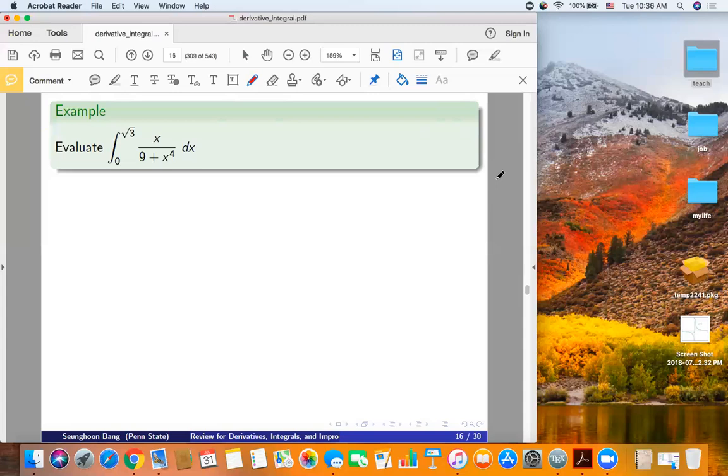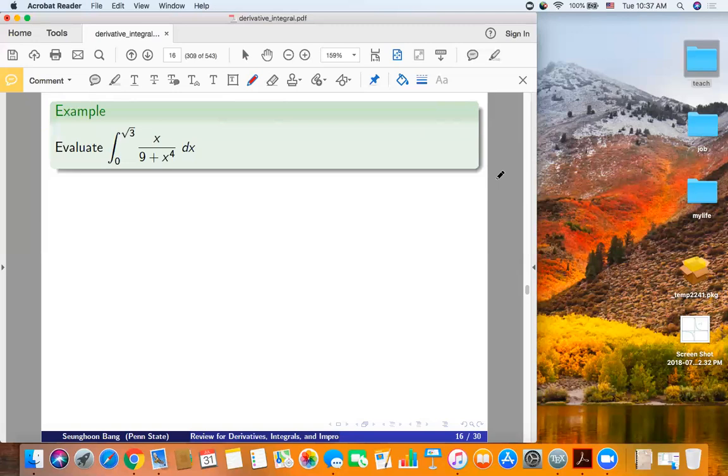We have 5 methods so far. The first one, integration formula, the substitution rule, integration by parts, the trigonometric substitution, and the last one, partial fractions. Which method is possible for solving this problem?